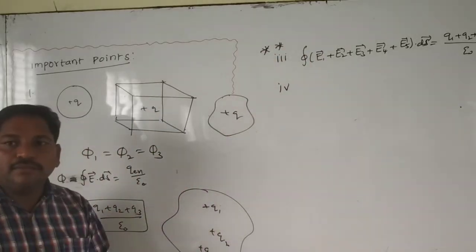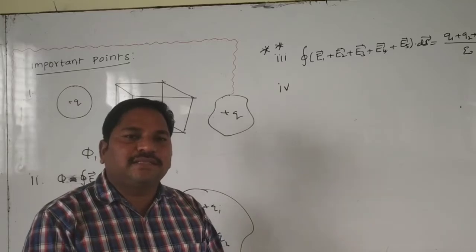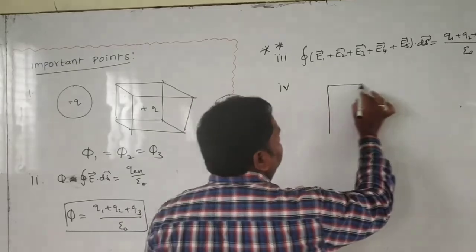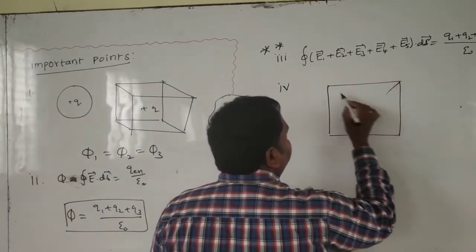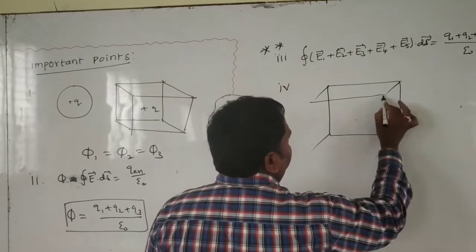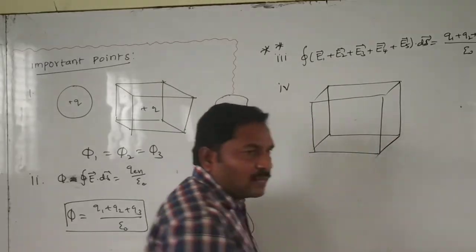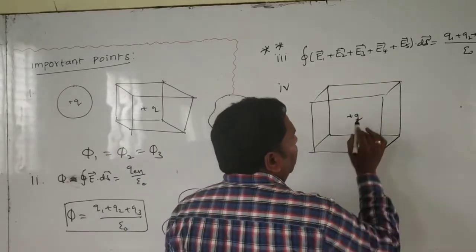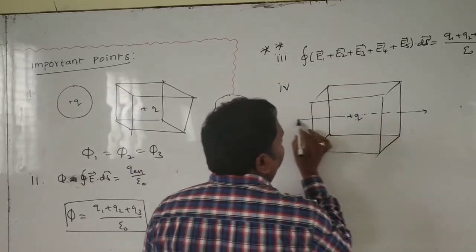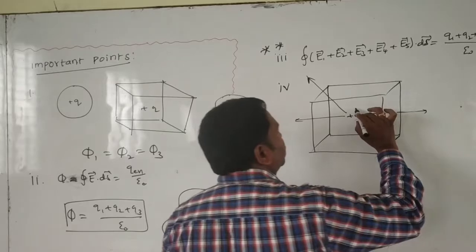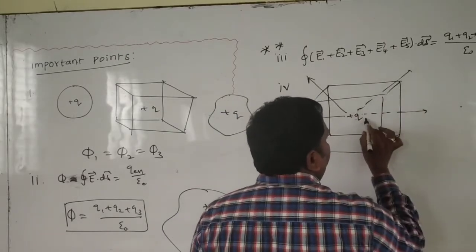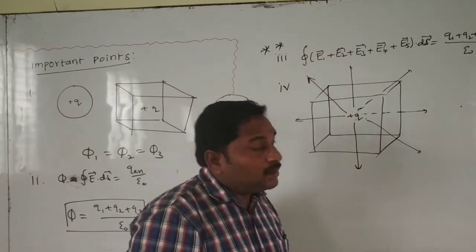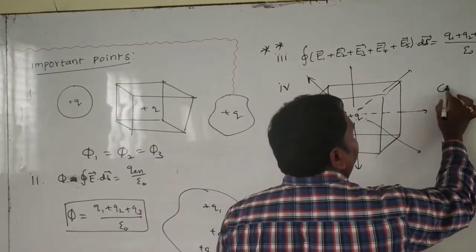Next, very important: for a symmetrical surface. Suppose this is the symmetrical surface, with charge plus Q at the center. This is an important point. These are the electric lines of force going away from the charge. What is the total electric flux produced by the cube?